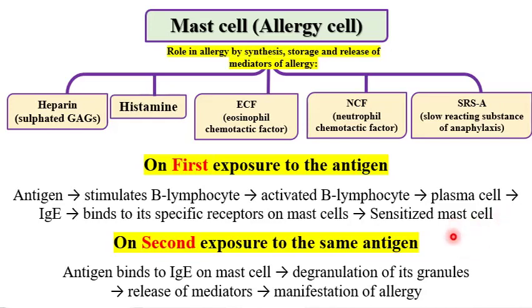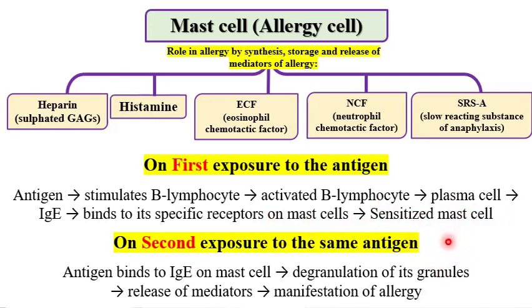But what happens if we are exposed again to the same antigen? The antigen will bind to the IgE on this sensitized mast cell. Sensitized mast cell is a mast cell containing IgE.